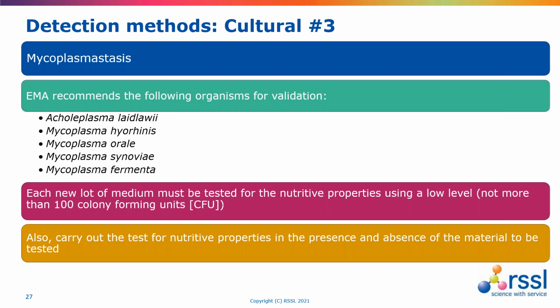So it's quite important that each new lot or batch of medium is tested for growth promotion and that the challenge is low, and by low that's generally taken to be less than 100 colony forming units.